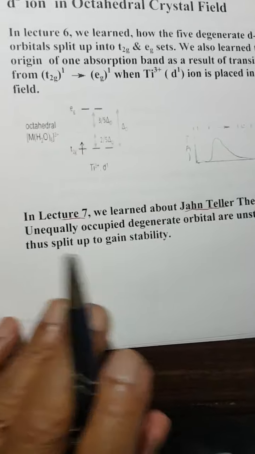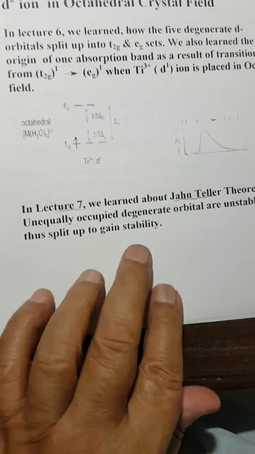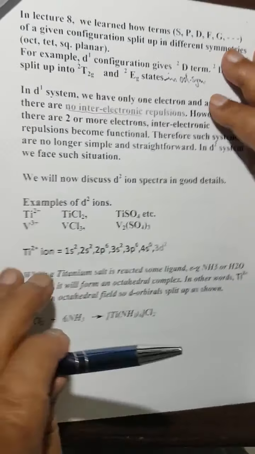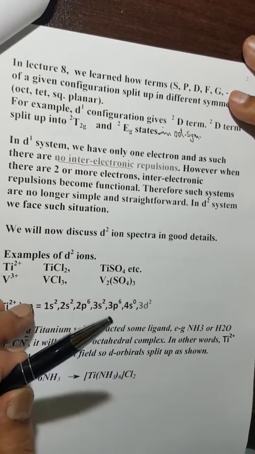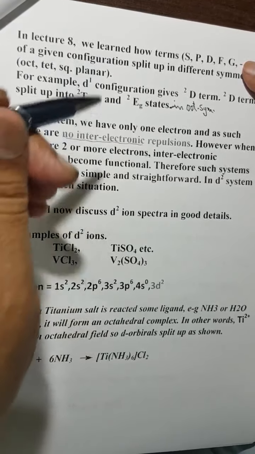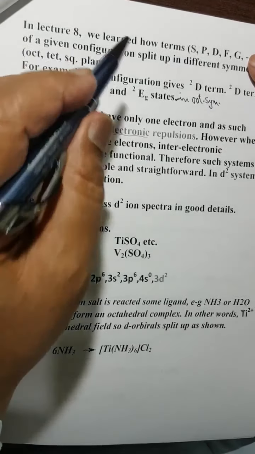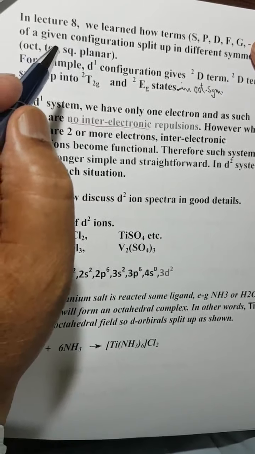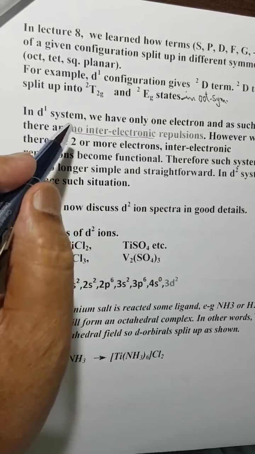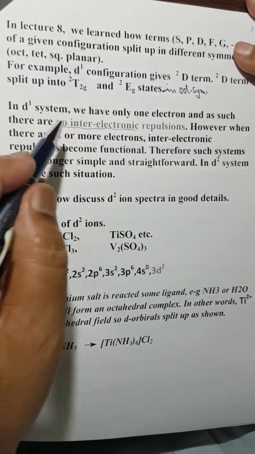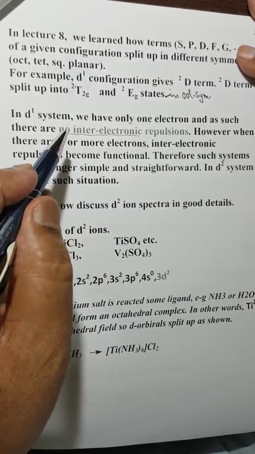In lecture 7, we went a step forward and we learned about the Jahn-Teller effect. There was an observation that instead of getting one absorption band, there is a shoulder in there. And the Jahn-Teller effect very clearly explained why the shoulder should come. I don't need to repeat the statement of Jahn-Teller.